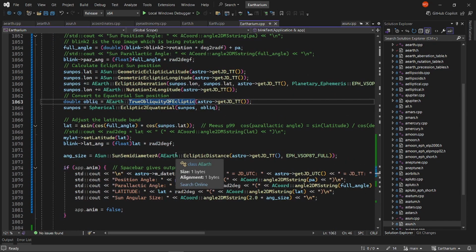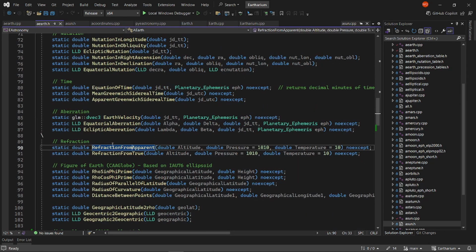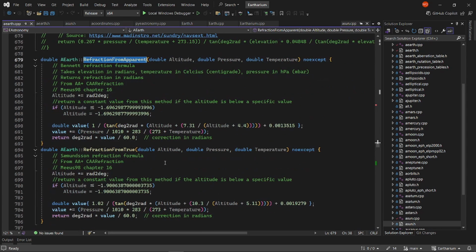Do we need anything else? Yes, we do need to look at the refraction formulas. So here we have refraction from apparent. What that means, say I have a measurement I have taken at a location of where the sun appears to be, as I mentioned, with the upper limb and the lower limb of the sun.